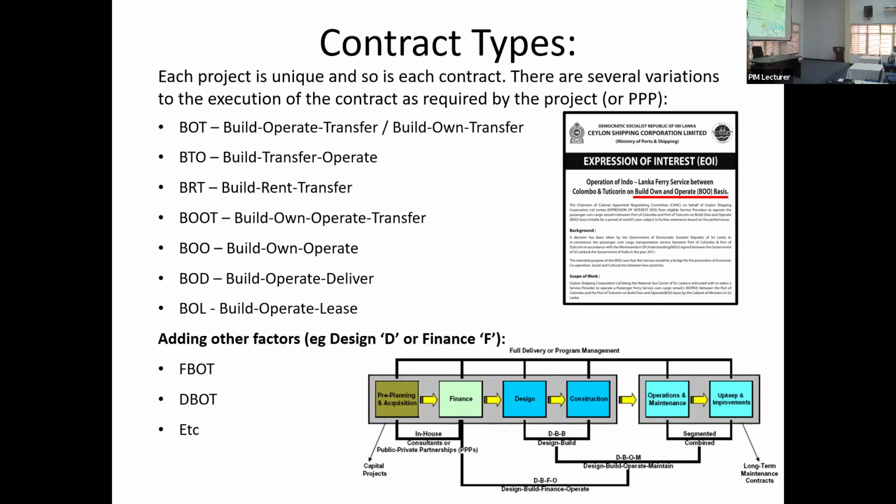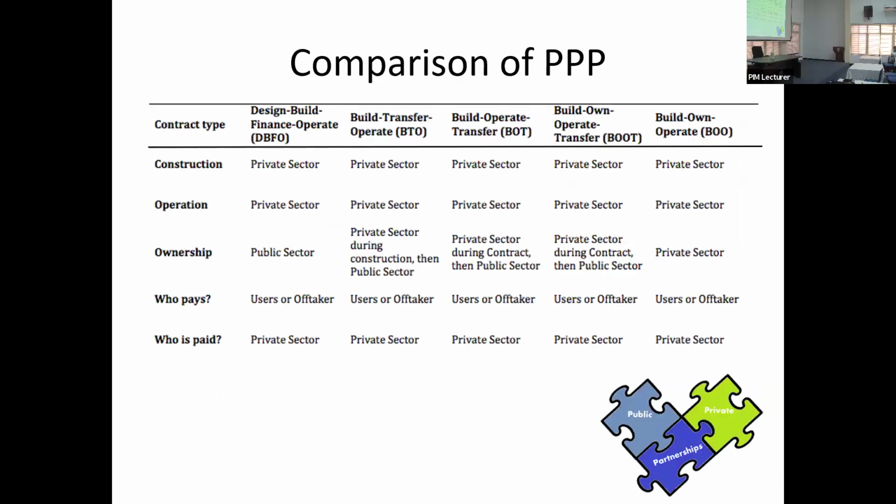So what does it mean? Finally, who owns this? If we take the models here, let's take BOO for an example. The construction is by the private sector, operated, ownership, and so on. So this is no problem. The build, you own it, you operate, it's yours.